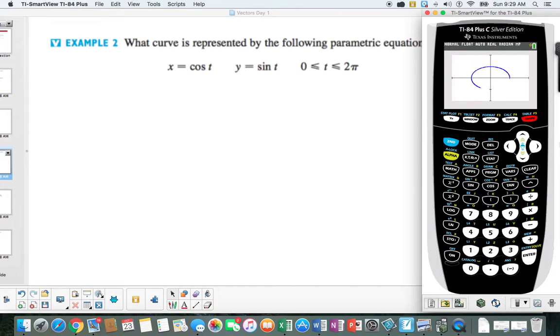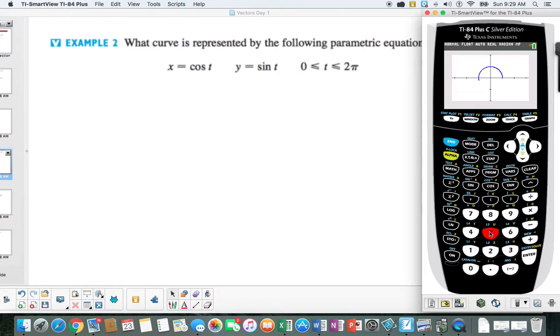Because of the pixel size, because of the screen, which is not square, this is showing an ellipse. But if I go to zoom square, and zoom square is the number 5, let's see what happens now. Now the window is squared up. So it looks to me like this represents a circle.